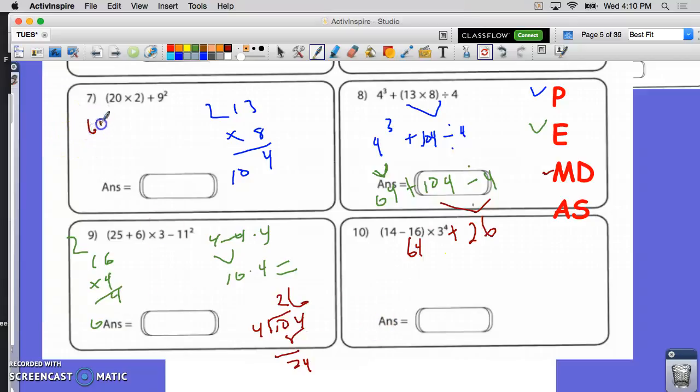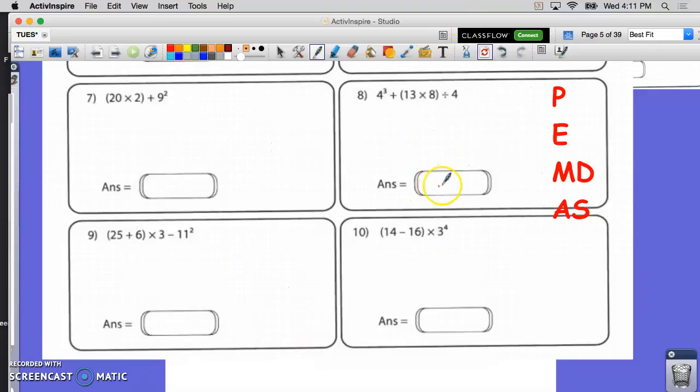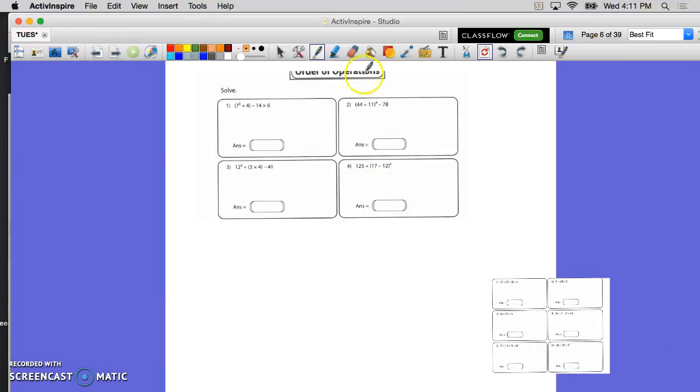So now you have 64 plus 26. It's 90. I meant 90. My bad. Yep. Answer for here is 90. So 64 plus 26, you will get 90. Couldn't read my handwriting here for a second. Now I'll flip over to the other side.